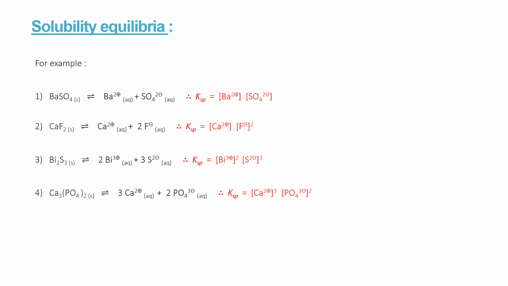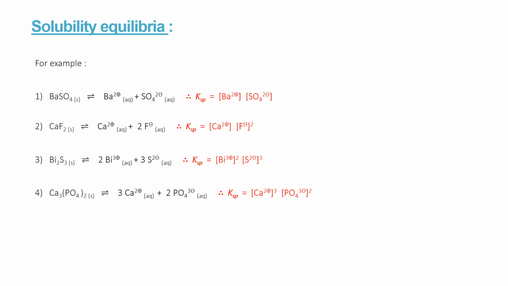Now see some examples of solubility product. In solubility equilibrium, Ksp is equal to the concentration of the cation raised to its coefficient into the concentration of the anion raised to its coefficient.